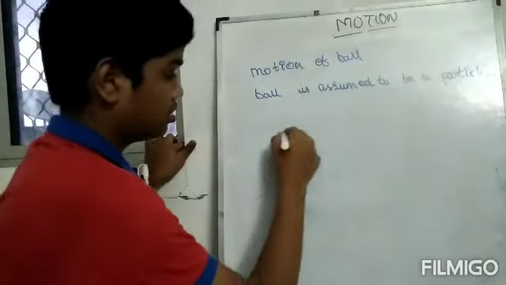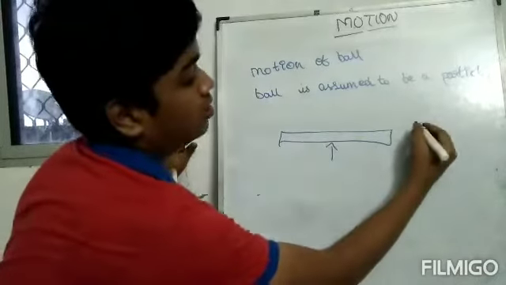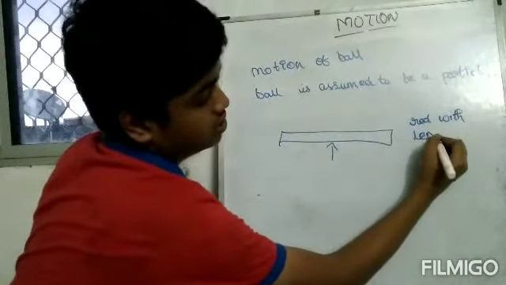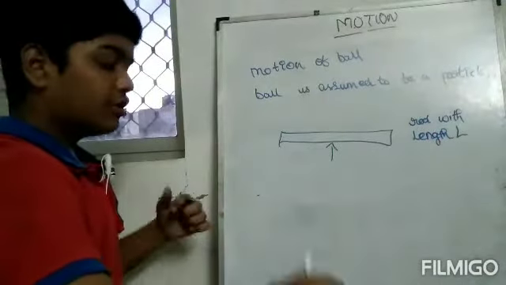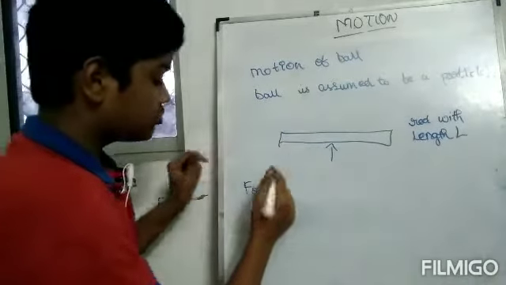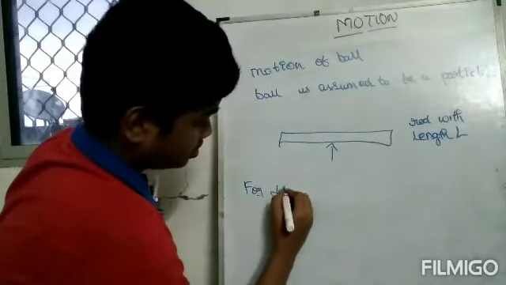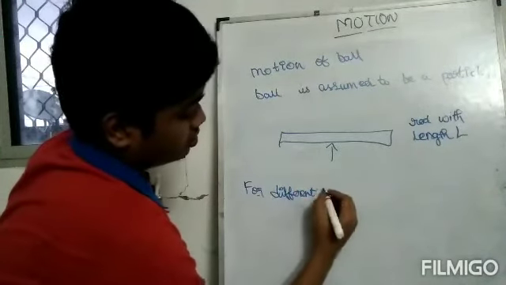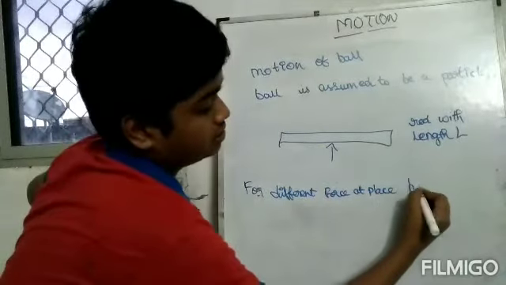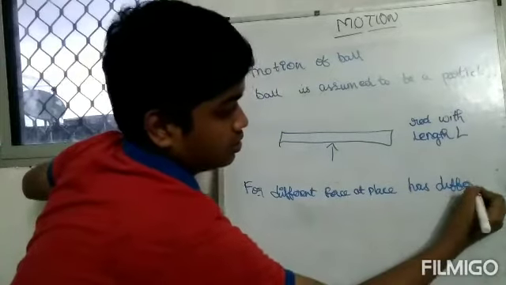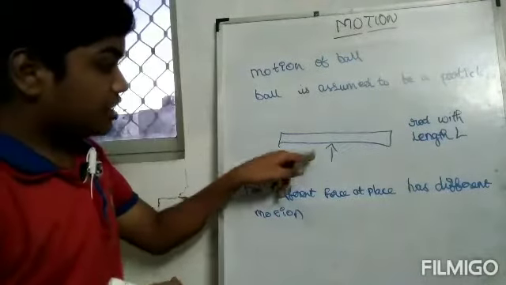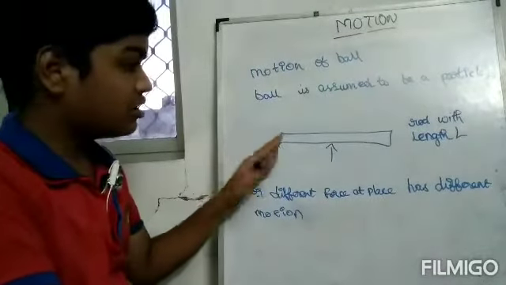Now when you take a rod with length L and apply a force at different places, the motion is different for force at each place. Different places where we give force will have different motion in the rod.